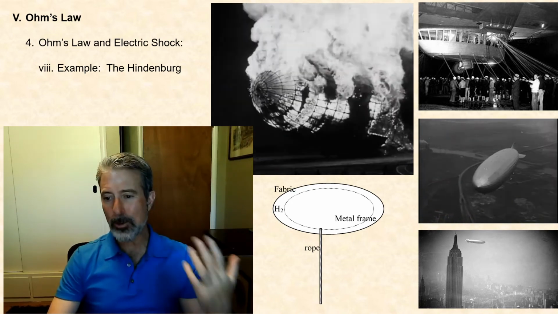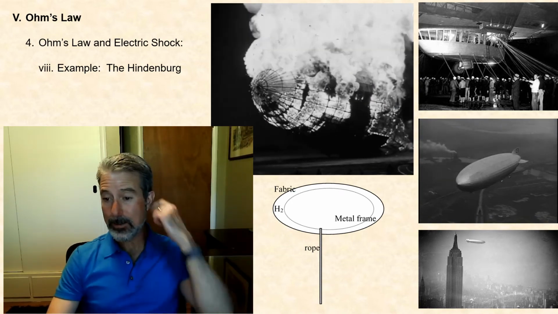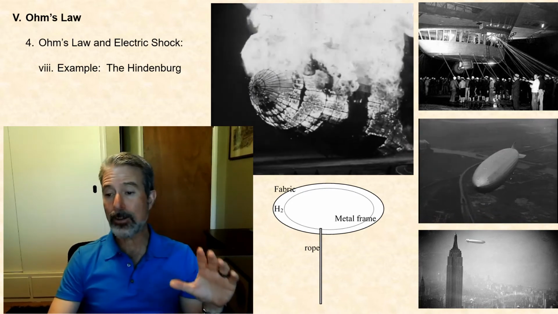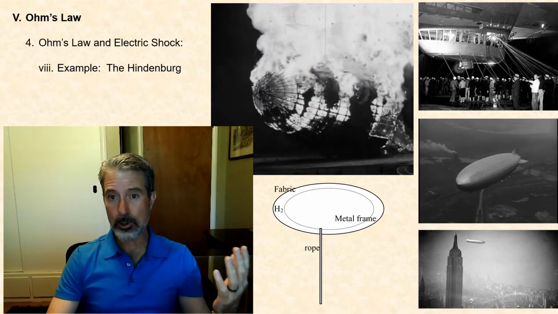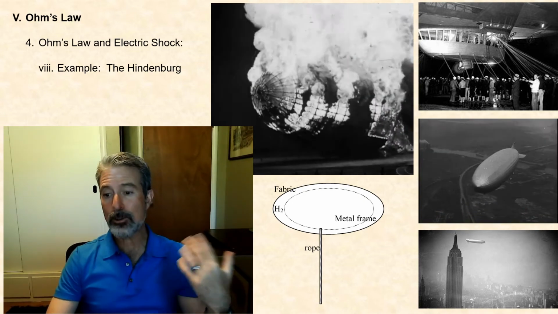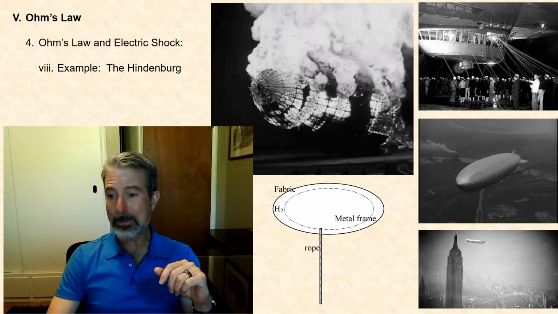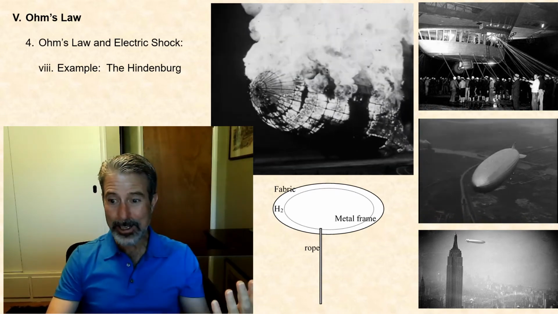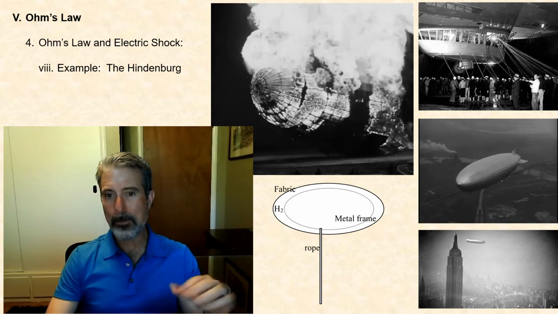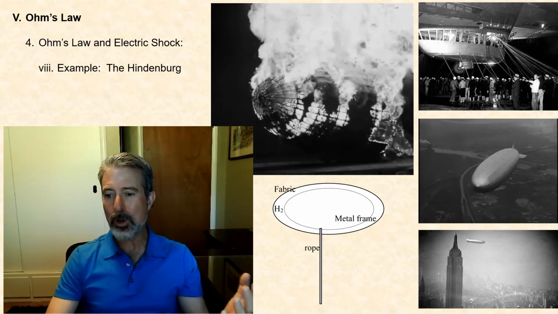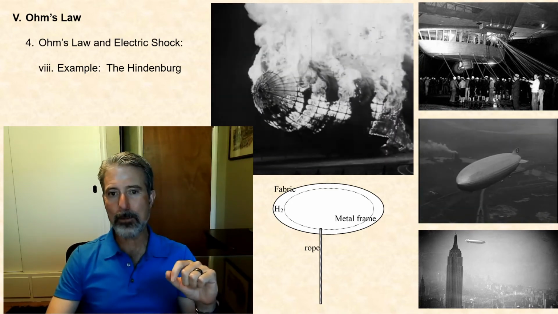When they retold the story, many of the surviving passengers, I think there were 35 to 40 fatalities, talked about this rippling effect of the fabric due to the rupturing of the hydrogen. Now, certainly, had they used helium rather than hydrogen, that would have prevented this disaster as well, because hydrogen is extremely combustible, extremely flammable.